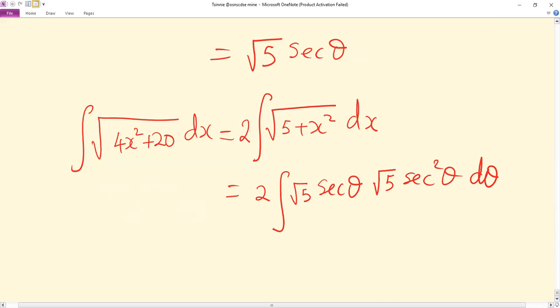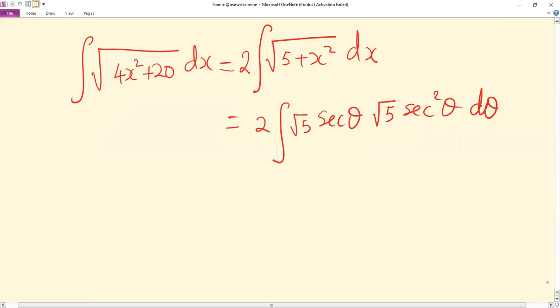So root 5 times root 5 is 5. So this is the same as 2, and then times 5 sec cubed theta d theta.